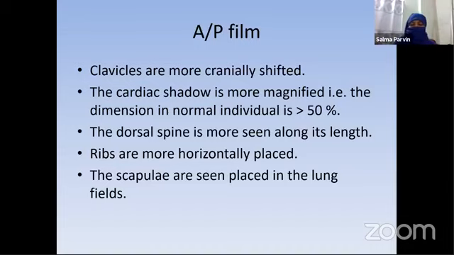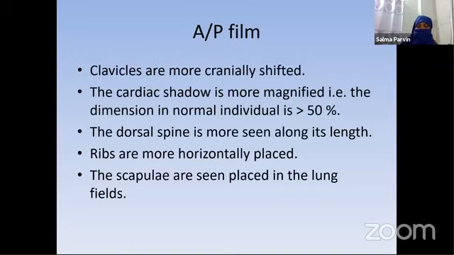Okay. So the dorsal spine is seen more along its length, because there is no cardiac shadow disturbing the visualization of the spine. So the dorsal spine is more seen and the ribs are more horizontally placed.